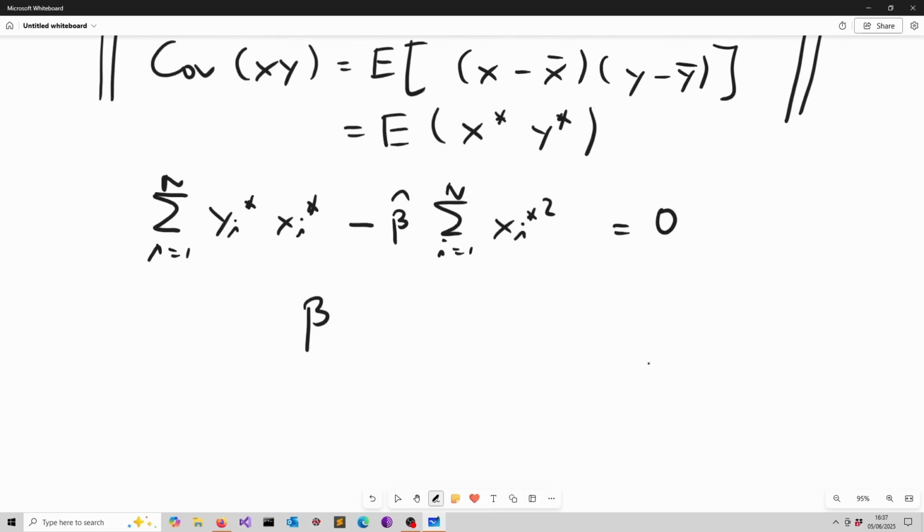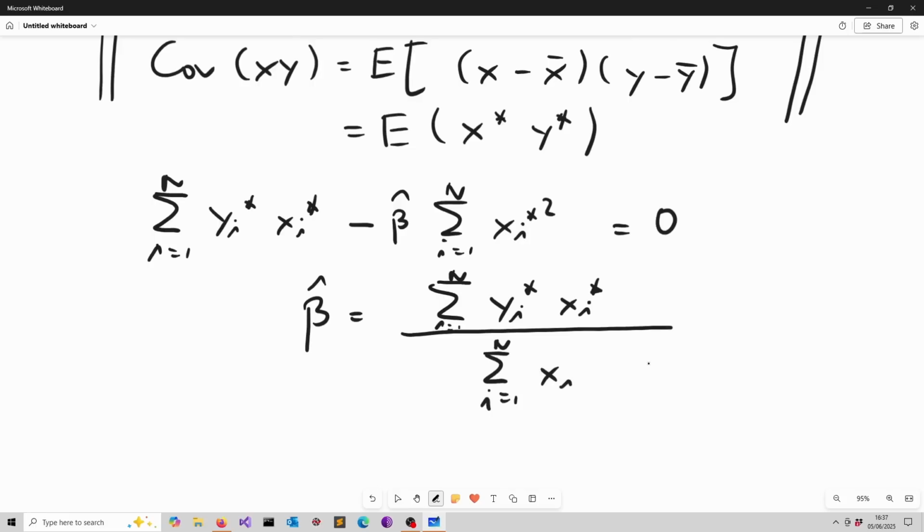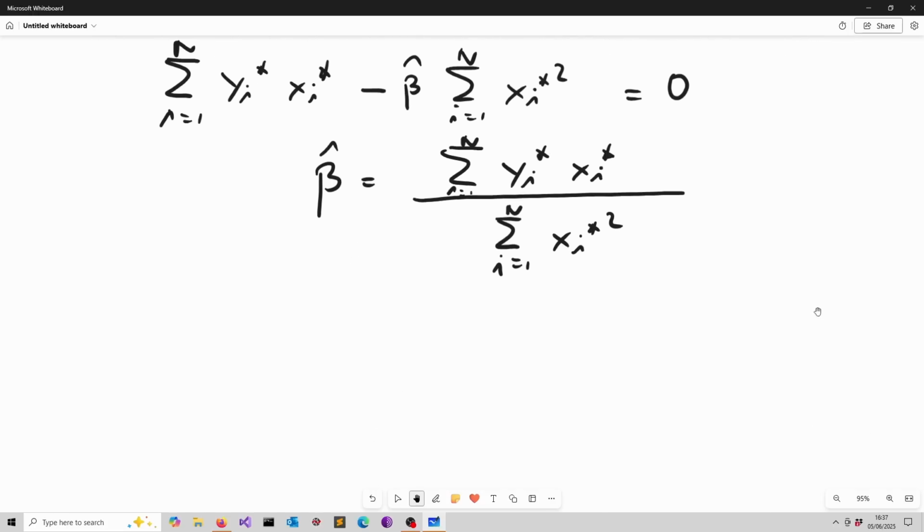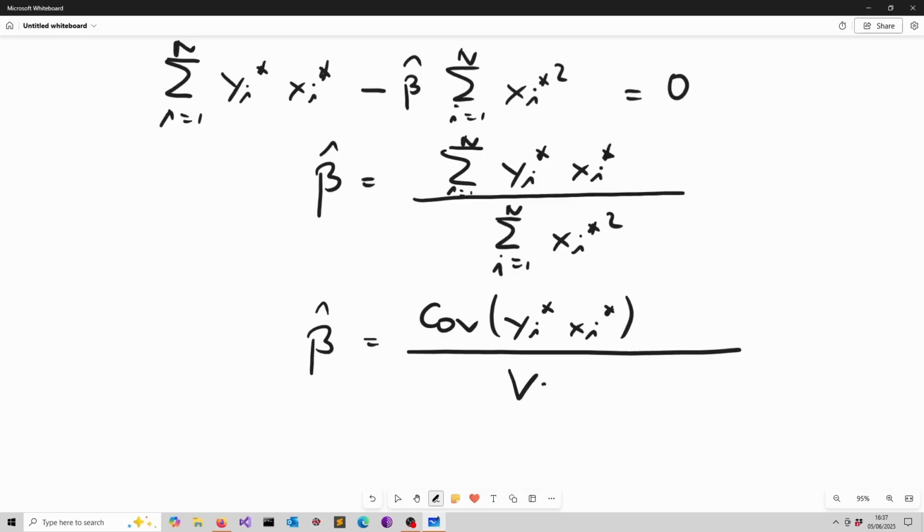So we obtain the beta hat is equal to the sum yi star xi star divided by the sum xi star squared. Or I can also write this, of course, in terms of a covariance and variance. Okay, so I obtain here the covariance yi star xi star, and here I have the variance of xi star.